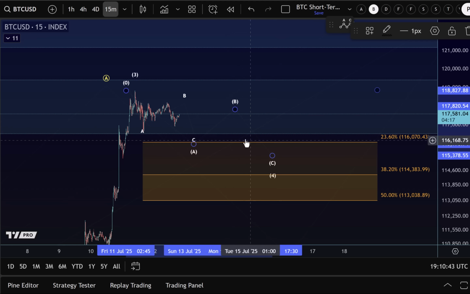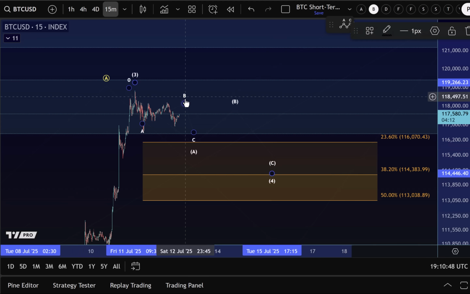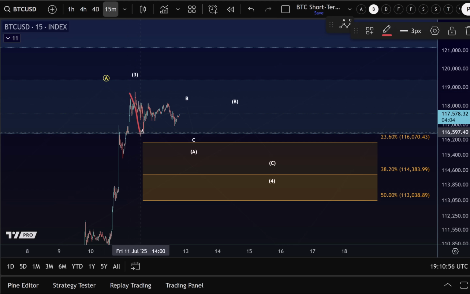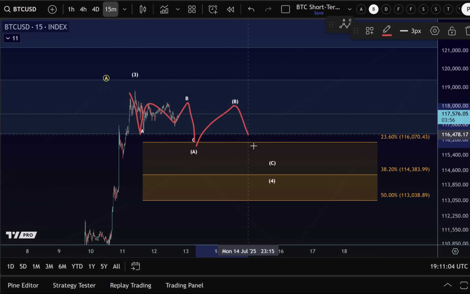And again, I'm not even sure if we get this additional ABC structure here, but for now it seems like maybe wave B is still unfolding. So A wave down, and then A, B, C in wave B, then wave C. That could be all of wave 4, but it might just be the A wave, then B, then C.